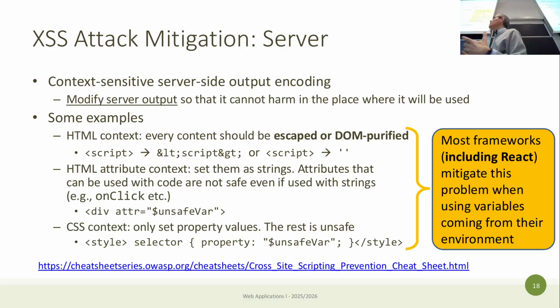And of course, if these variables contain dangerous content, that can be a problem, right? Since the frameworks know about cross-site scripting attacks, every time we use a variable, they automatically check the content of the variable and make sure that they don't contain anything dangerous. Typically, they escape the content.